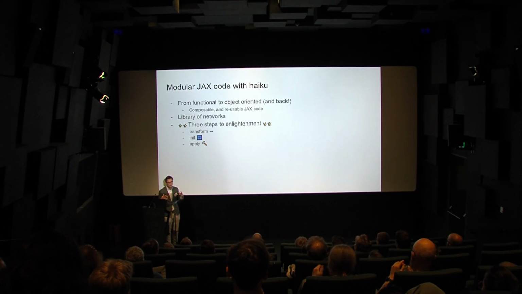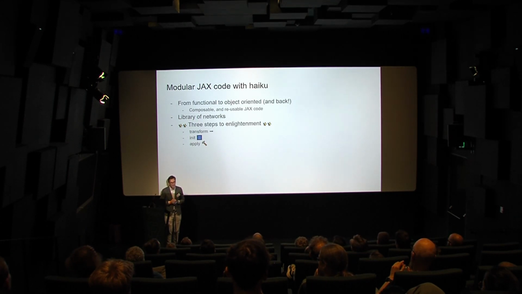And Haiku is a way just to make this modular. You just say, I have this one layer, and then you can reuse them in an object-oriented way. And Haiku is a way to turn this object-oriented, stateful program back into a pure program.